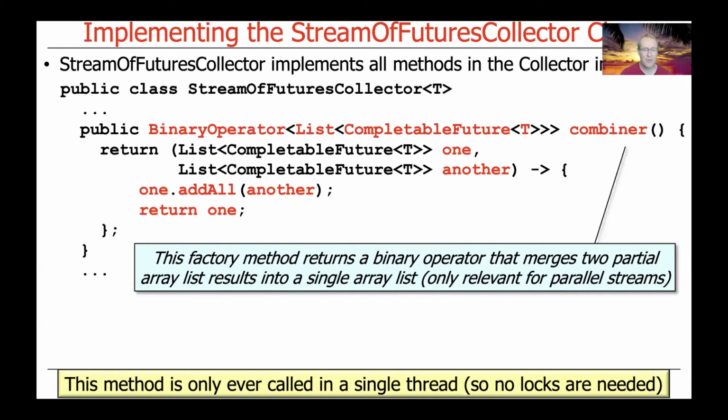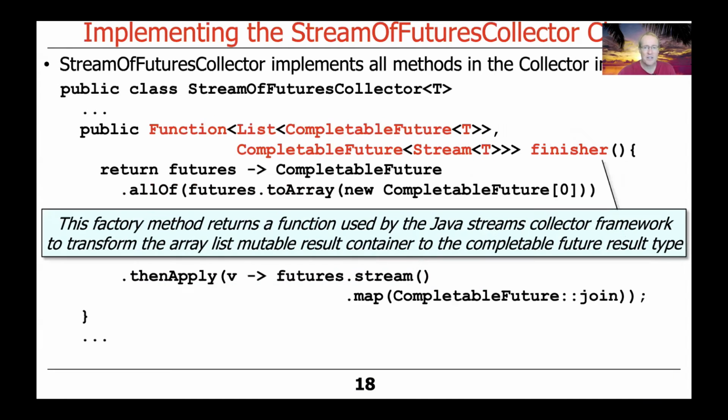Here's the combiner. This is used in the context of parallel streams. We don't use parallel streams, but we have to provide this method anyway because we're making a non-concurrent collector. And what that's going to do is just basically append one list to the end of the other. And again, that's only ever called on a single thread, so we don't need any locks.